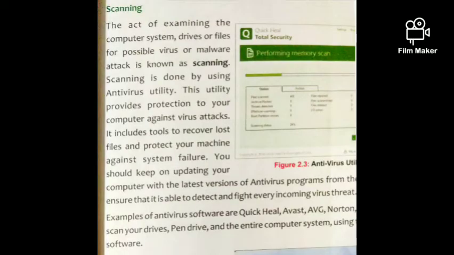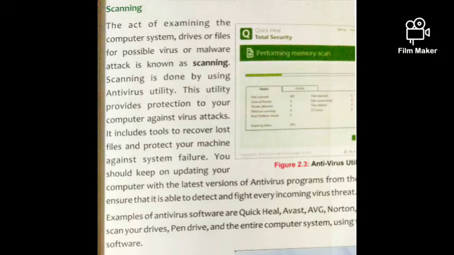Now we are going to look at the scanning of the device. What is the meaning of scanning of the device? Scanning means examining the disk to see if it is in a proper condition or not, and if there is any kind of virus attack or not. That virus is also known as malware. You have to check whether your disk has any kind of malware or virus attack.